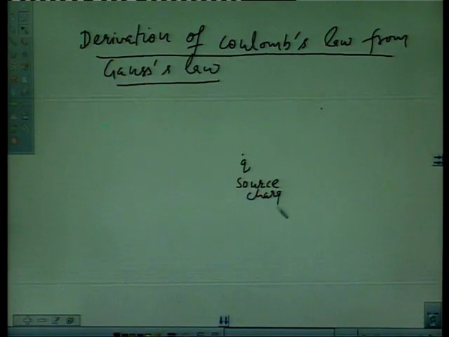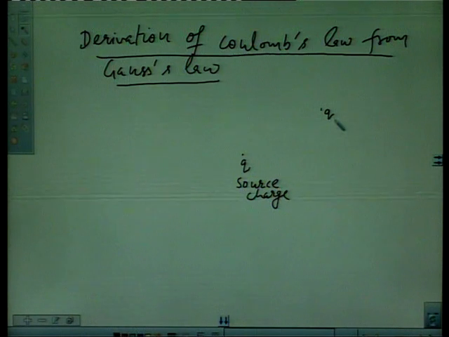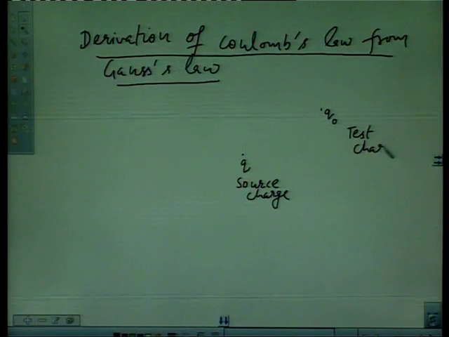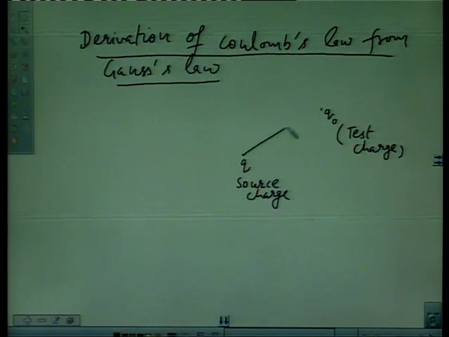Source charge means which is producing the electric field, and then we have another point charge, which is q naught. This is our test charge. Test charge is that charge on which the electric field is acting. So, the direction of electric field is like this.